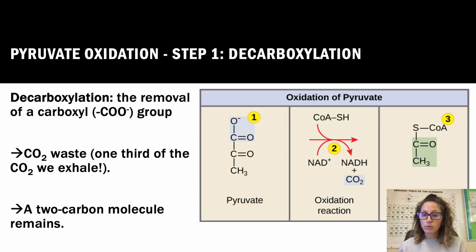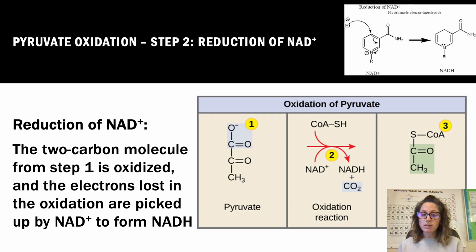What is left? If we look on the left, in the pyruvate box, we'll have two carbons left over, and that is an important molecule that's going to carry through. So for the second reaction, in the middle box, we have a familiar reaction happening. We have the reduction of NAD+ to NADH.